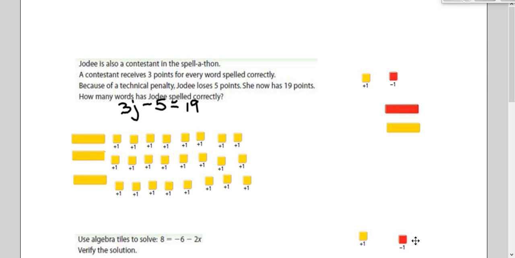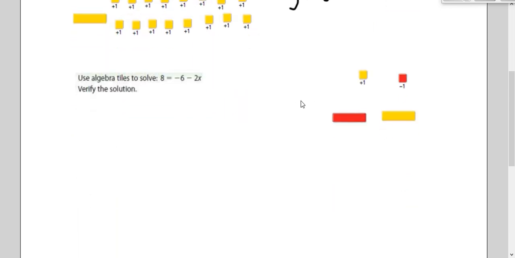And if we count these up, we can see that we would have that J is equal to 8. A little bit more of a longer process, but definitely worth it in order to see how it works. Let's go down to the second example here.